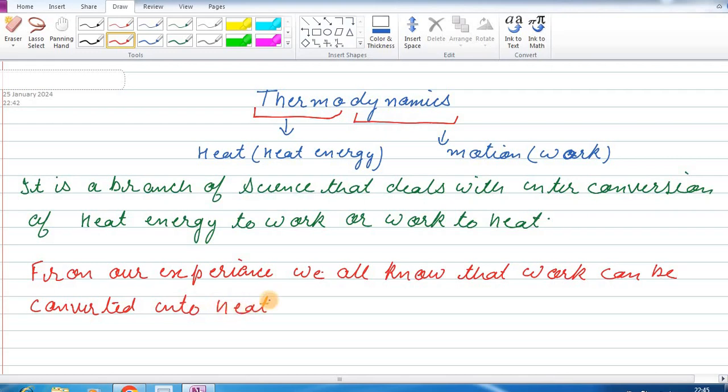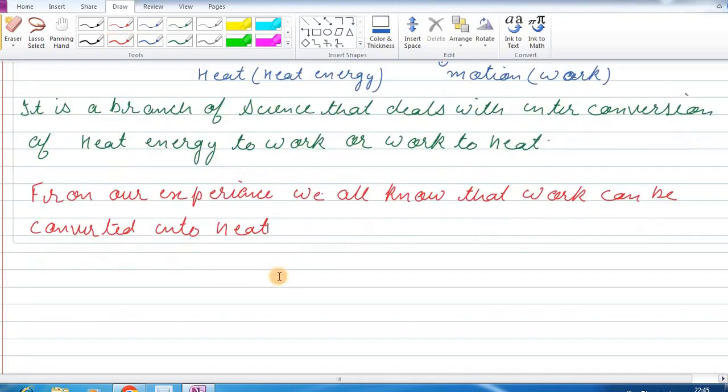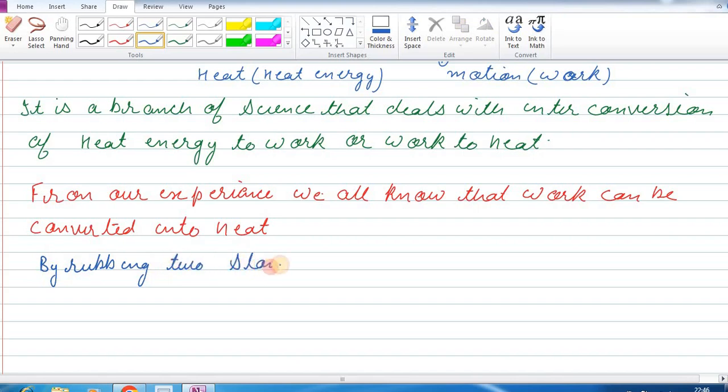In ancient times, people knew that by rubbing two stones or two sticks, we can generate heat.